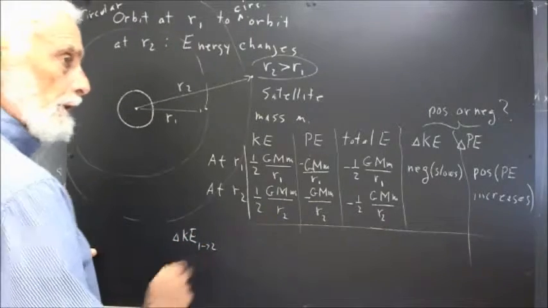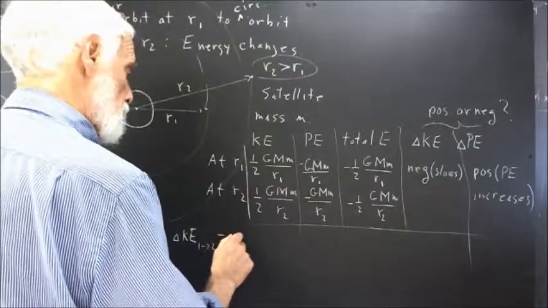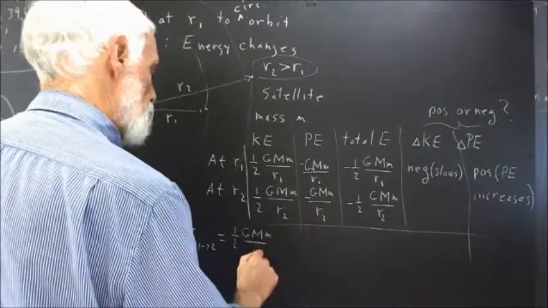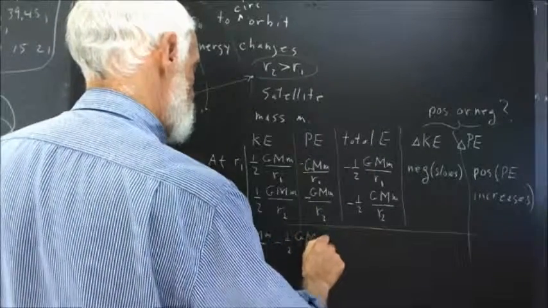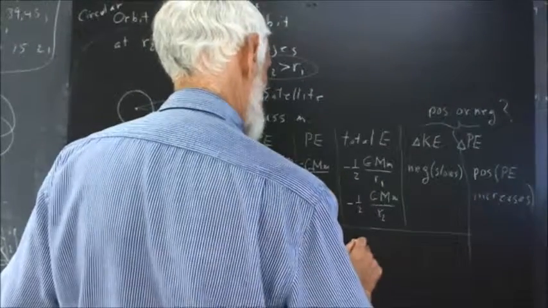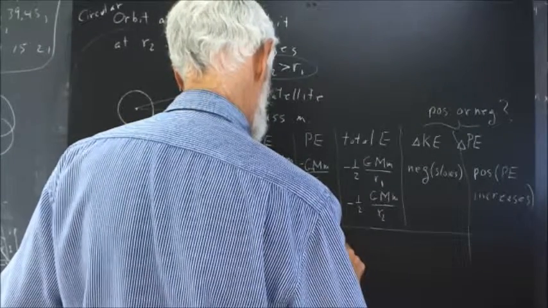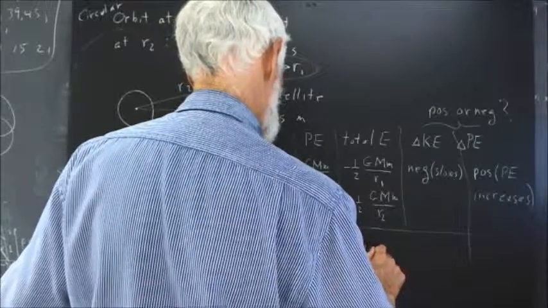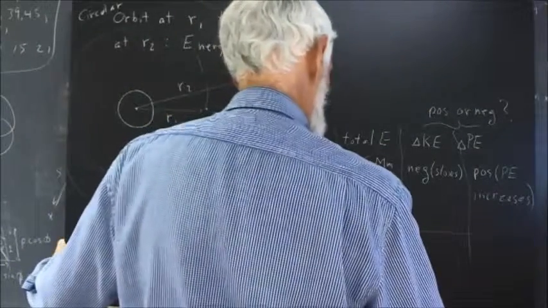Kinetic energy change from position 1 to position 2, from orbit 1 to orbit 2, is the kinetic energy at R2 minus the kinetic energy at R1, and I'll factor out the 1/2 G big M little m.